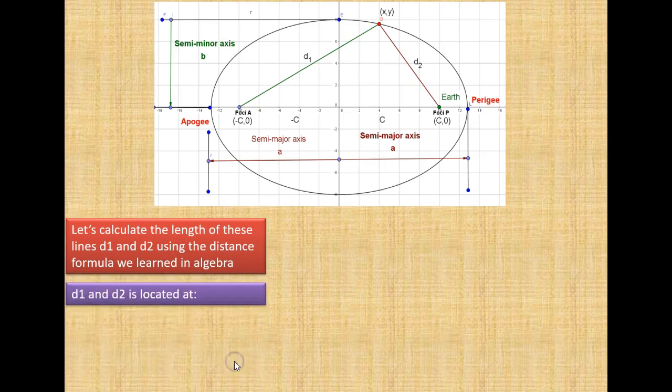D1 is located at x, y, and foci A at minus c, 0. D2 is located at x, y, and foci P at c, 0. That's the location of D1 and D2.